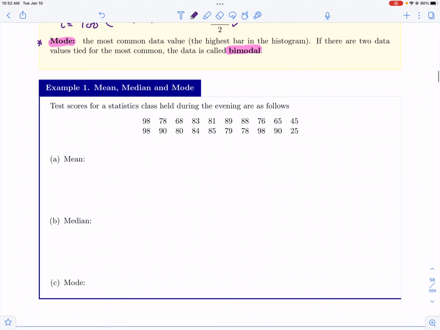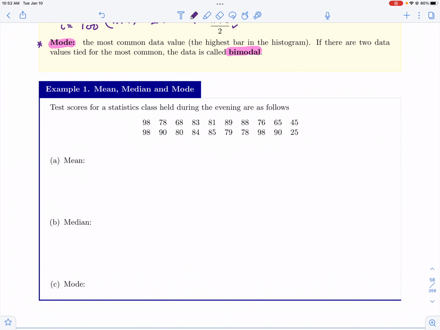So for example one, we've got a bunch of test scores of classes that were held during the evening, as follows. And we want to try to find the mean, the median, and the mode for these. So let's go ahead, since we haven't done mode yet, and that's probably the one that's the most unusual for us, let's look at that first and see what our mode would be. So what we're doing is we're scanning through our list trying to see what numbers occur more often than others.